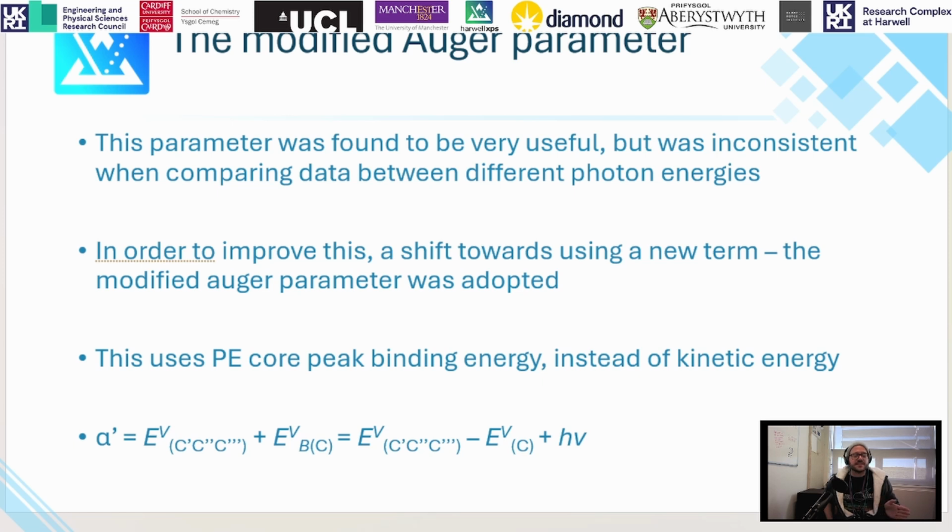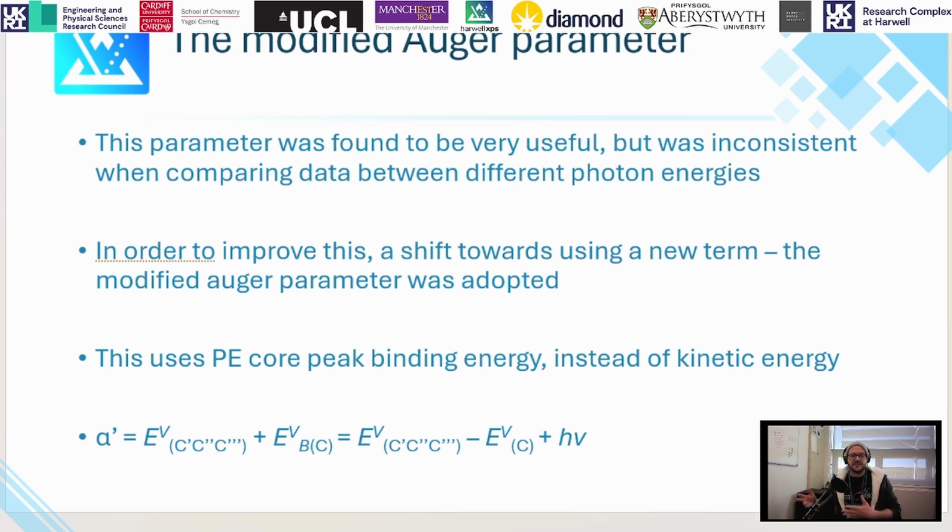So to compensate for this, a new term was adopted, which is the modified Auger parameter. This is what everybody means now when they use the term Auger parameter, and this uses the photoelectron core line's binding energy instead of kinetic energy, and you're left with this relationship here, which is that the modified Auger parameter is equal to the kinetic energy of the Auger emission plus the binding energy of the core line, or written another way in the context of the original Auger parameter, this is the kinetic energy of the Auger minus the kinetic energy of the core line plus the photon energy.